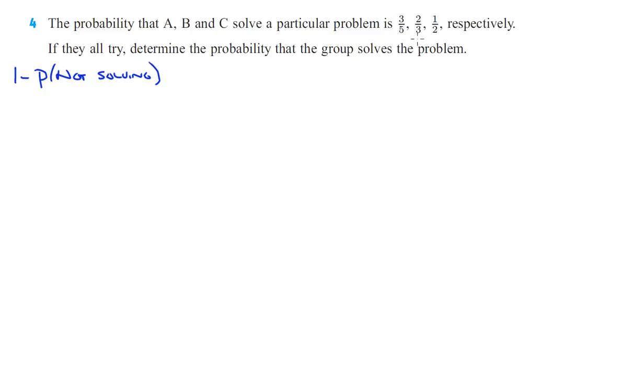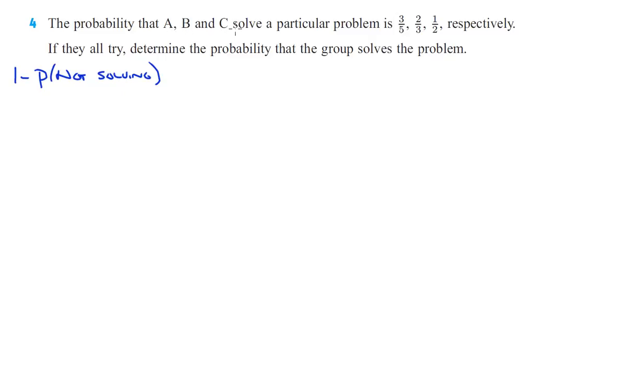Because if we were to figure this out separately, we'd have to figure out the probability of A solving it and not B and C, and then add the probability of B solving it but not A or C, and the probability of C solving it but not A or B, and the probability of A and B but not C.